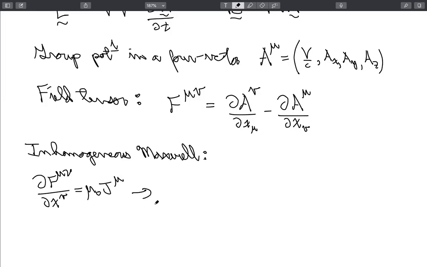So what does this become? Well, it means that I just do this replacement here, and say I do the left hand side here, so I would have ∂A^μ, and now I do a double derivative, right? So I would do ∂x_μ ∂x^μ.